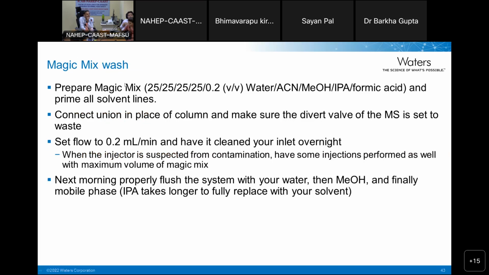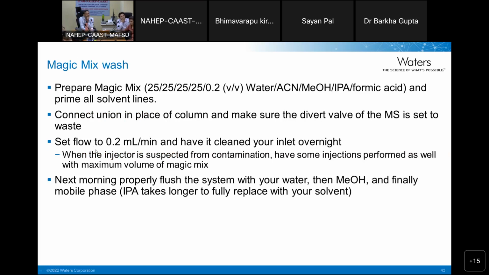This is a magic mix wash which has 25% each of water, ACN, methanol, and IPA with 0.2% formic acid. Remove the column, connect the union, and set the MS diverted to waste.